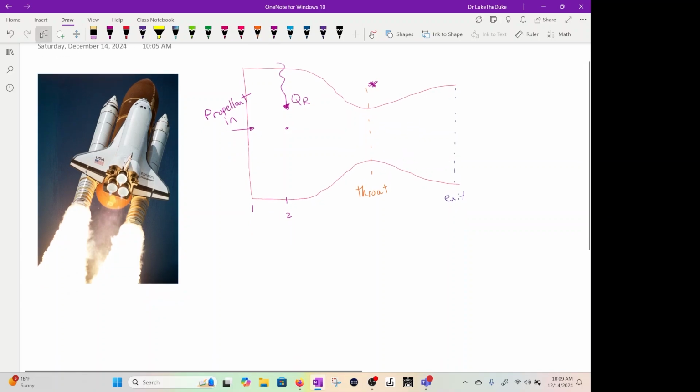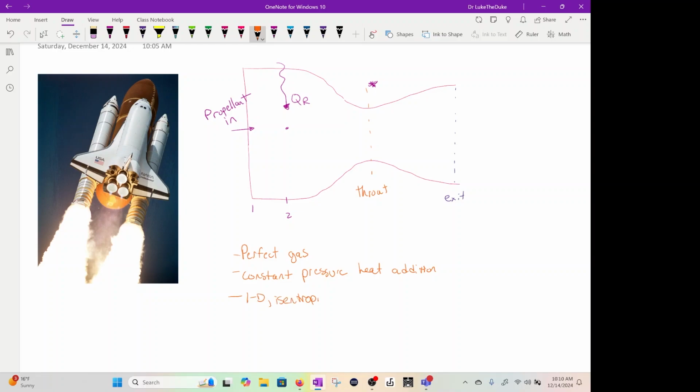So, perfect gas, constant pressure heat addition. We're going to assume 1D motion.